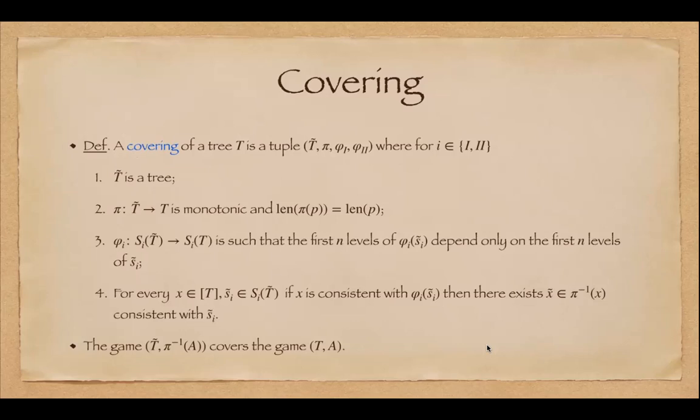And phi i, for either i equals 1 or 2, is a mapping that maps the strategies of player i in the covering tree to strategies of player i in the tree T, such that the first n levels of phi i of a strategy depend only on the first n levels of that strategy.